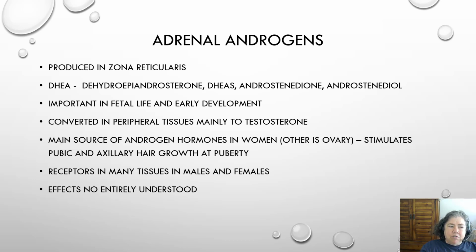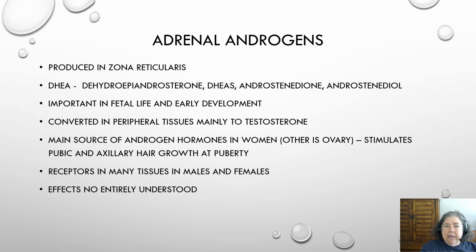These hormones are very important in early development and in fetal development. In the peripheral tissues, they're converted to testosterone. In women who require some androgens, the adrenal gland is the primary source of androgens, although there are some androgens produced in the ovary.